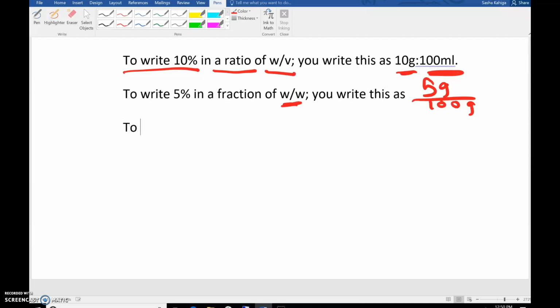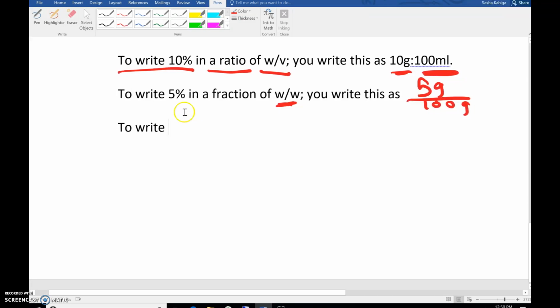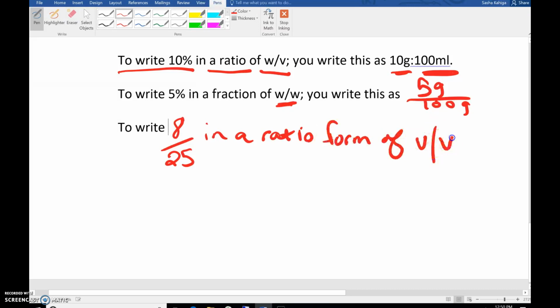What if I ask for you to write the fraction 8 to 25 in a ratio form of volume to volume?